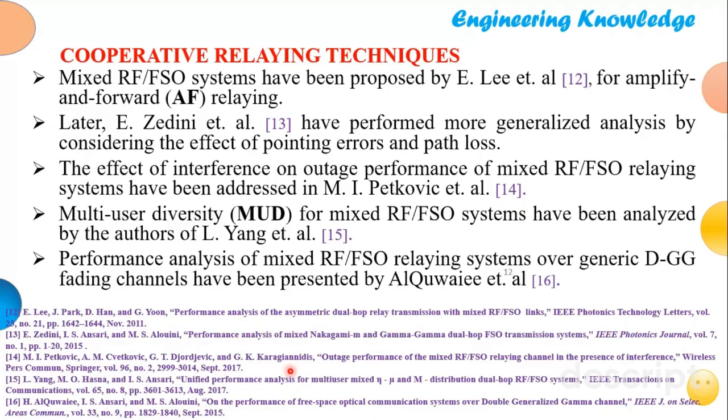We use RF for one hop and FSO for another hop. Then there were multiple things: the effect of interference was evaluated, multi-user diversity for RF FSO in reference number 15 was studied, and new fading channels like double generalized gamma channels were studied in reference number 16.